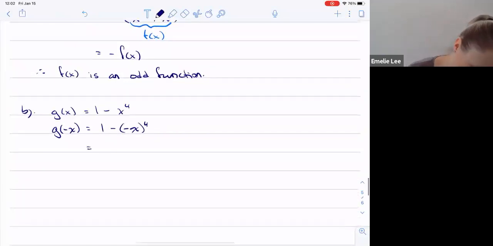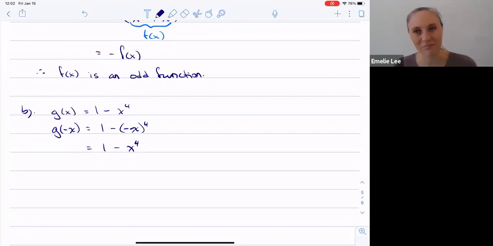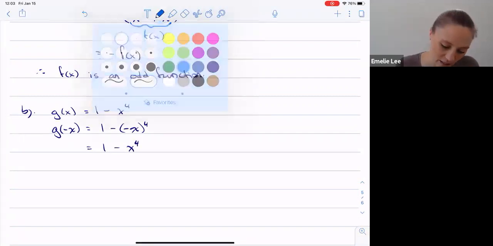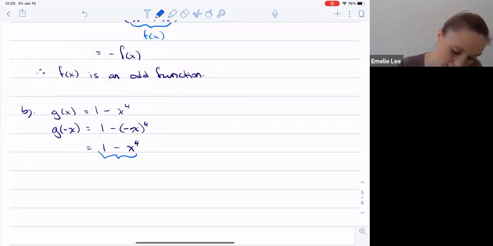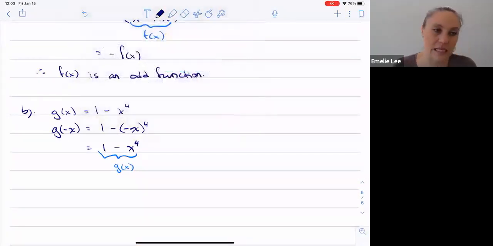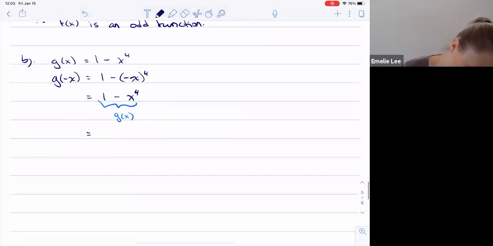And so what I have is 1 minus x to the 4th, which is just back at g of x, right? And so here, by definition, this is an even function, which equals g of x. Therefore, g of x is an even function.